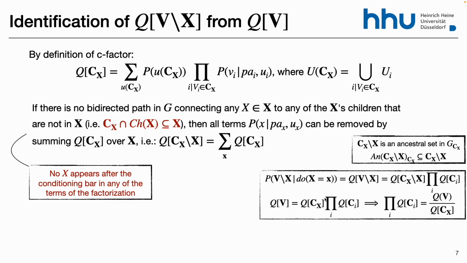So this is just the CX, and this is the CX minus X. So basically I'm factorizing these two Q functions, the QV minus X, which is this product of Q functions, and the QV, which is this product of Q functions. The only difference is that QCX minus X is here, and here is QCX.